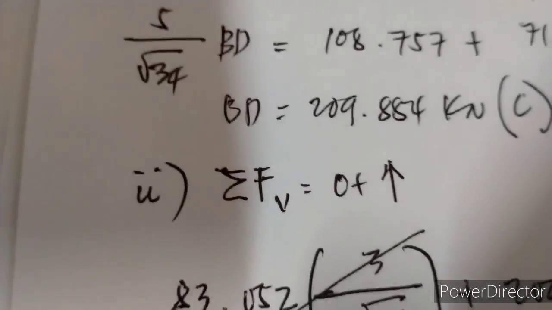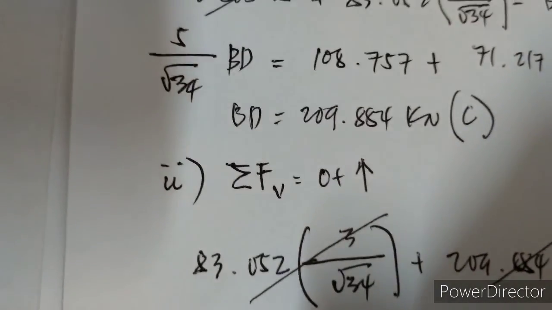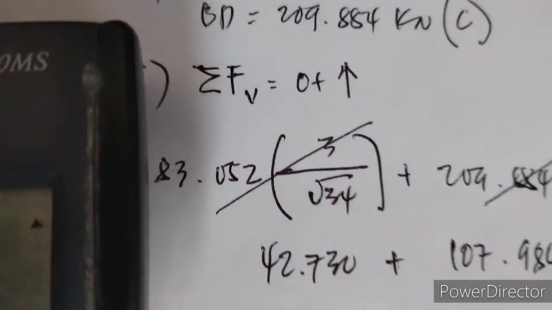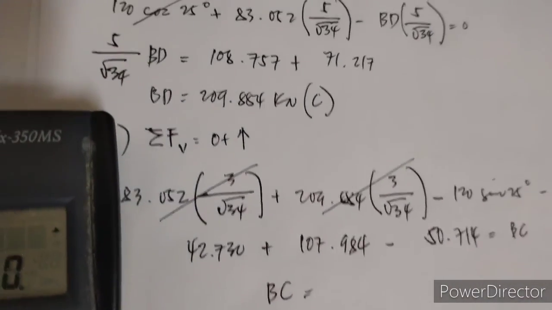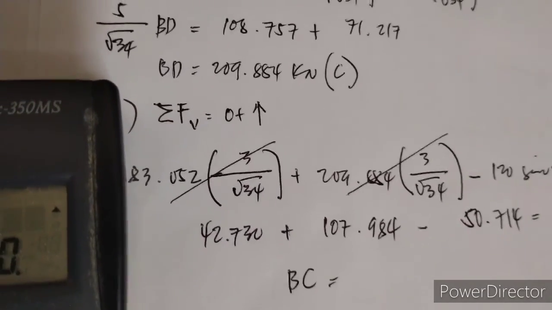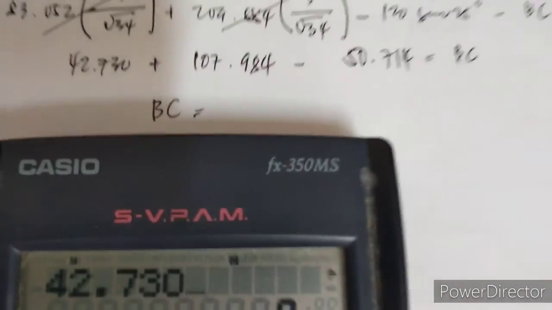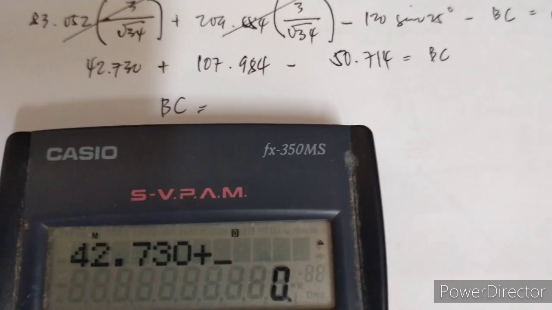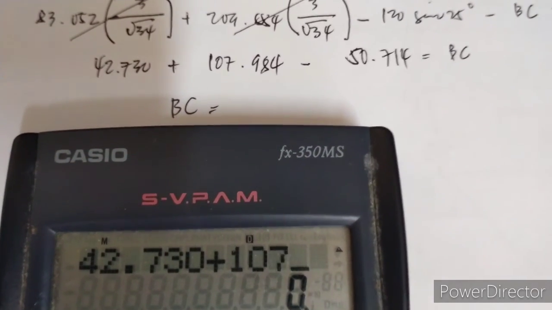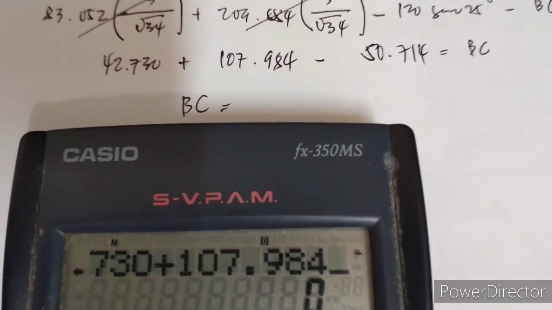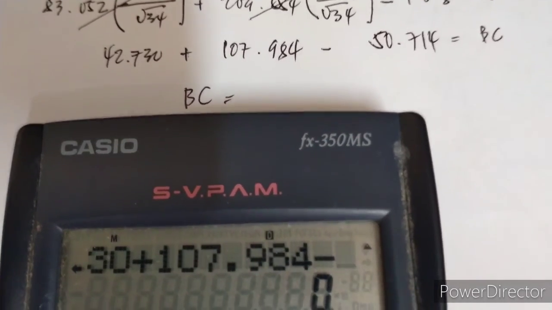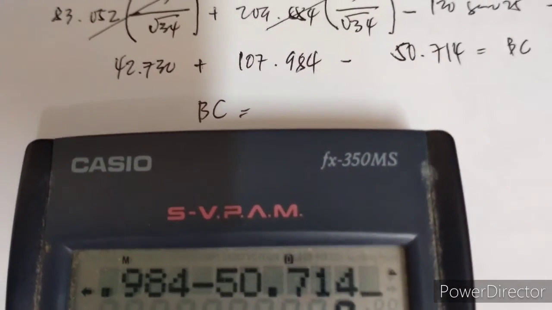So BC now will be, simplifying further, we have 42.730 plus 107.984 minus 50.714, which will give you 100.